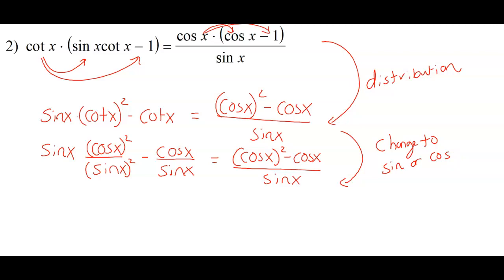Okay, I'm going to go ahead and put these together now by multiplication. So I would have sine x is going to go on the top, right next to cosine of x squared.